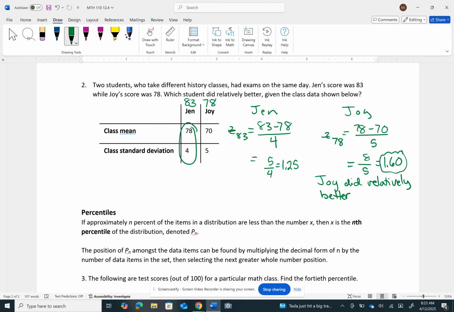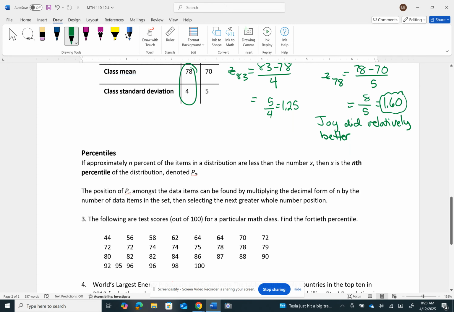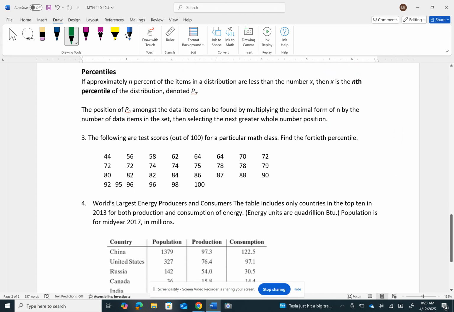Okay, now let's look at percentiles and try to make a little more sense of that. All right, so we mentioned already, if we had a percentile score that was like the 83rd percentile, then that means that approximately 83% of the items would be less than your raw score. We don't know what the raw score would be, but we know 83rd percentile means your data value was better than 83% of them.